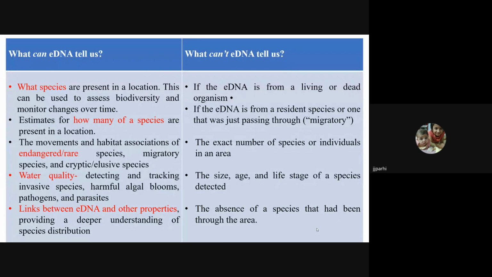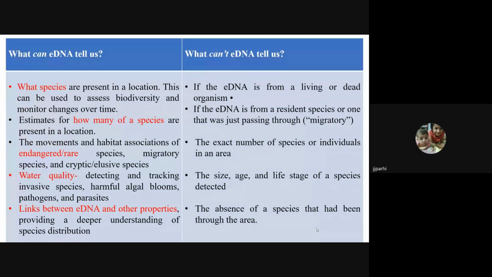But what we cannot get from eDNA, we may think that we will get it, but it is not possible. eDNA cannot say whether a sample is from a living or dead one, or whether it is from a resident species or migratory species. But if I know these are the resident species of a particular location and I find some other species, then we can say whether it is migratory or not.